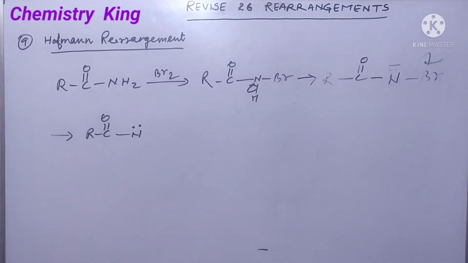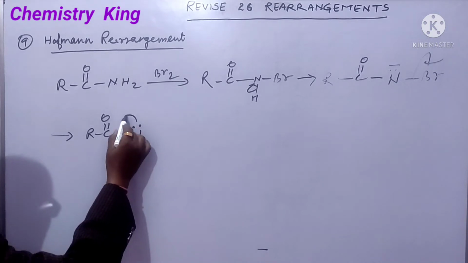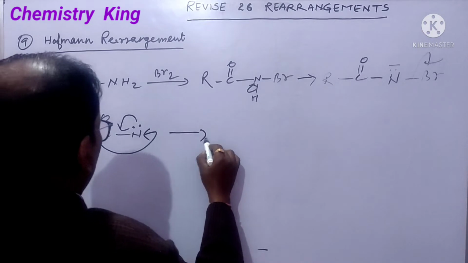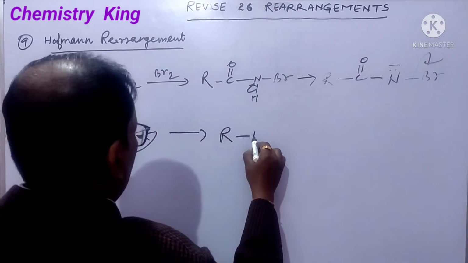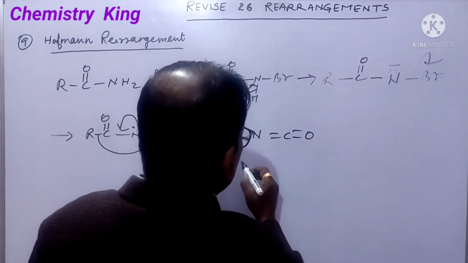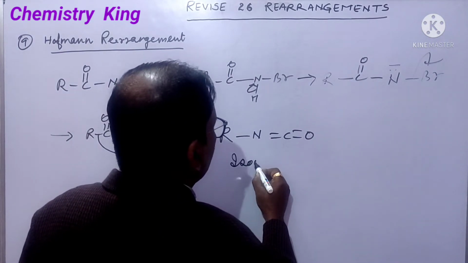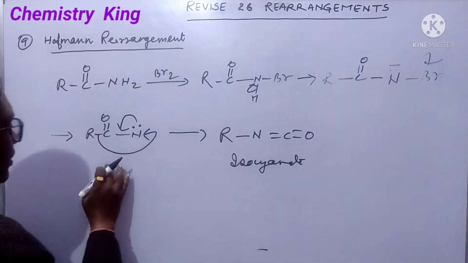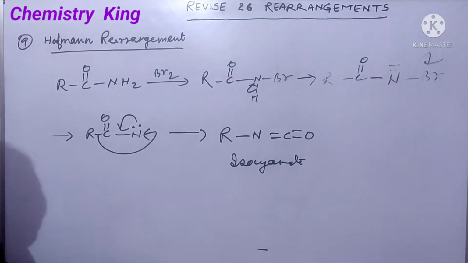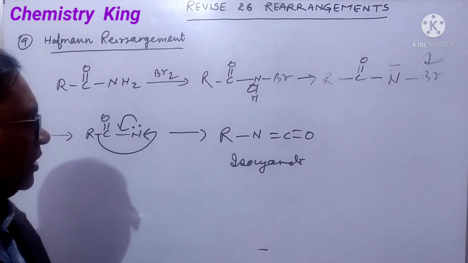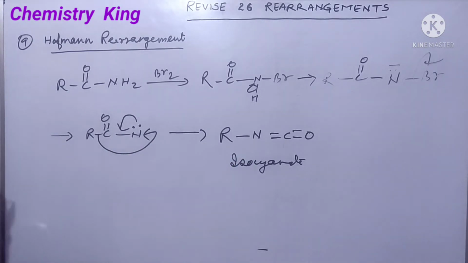Now R will come here, and these will rearrange in this fashion. So you will get R N double bond C double bond O. It is alkyl isocyanate. Means first you are getting nitrene, a very reactive species, so it gets converted into isocyanate by rearrangement.